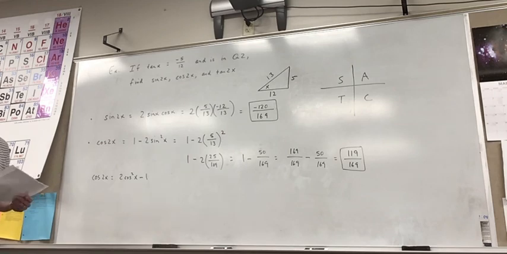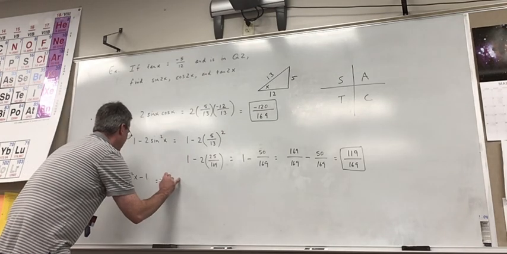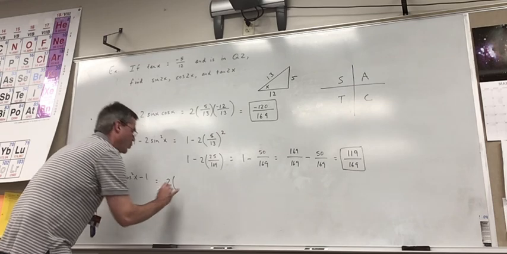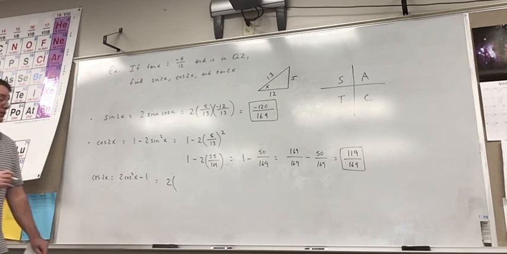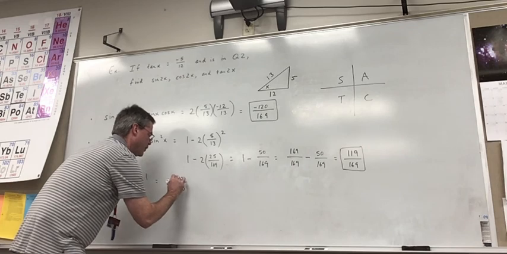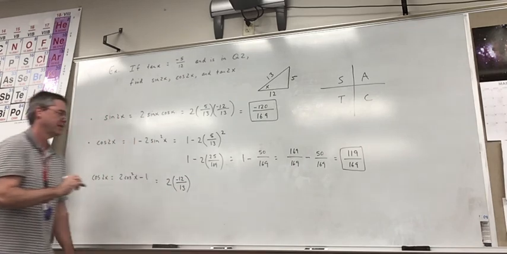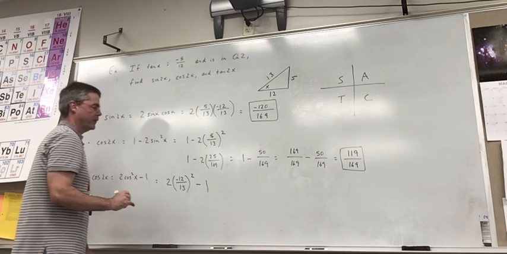That's the third one on the list. It should be 119 over 169. So we've got 2. What is cosine in that triangle? 12 over 13. Is it positive or negative? Kind of doesn't matter though, because we're going to do what to it? All right, square it. And then minus 1.